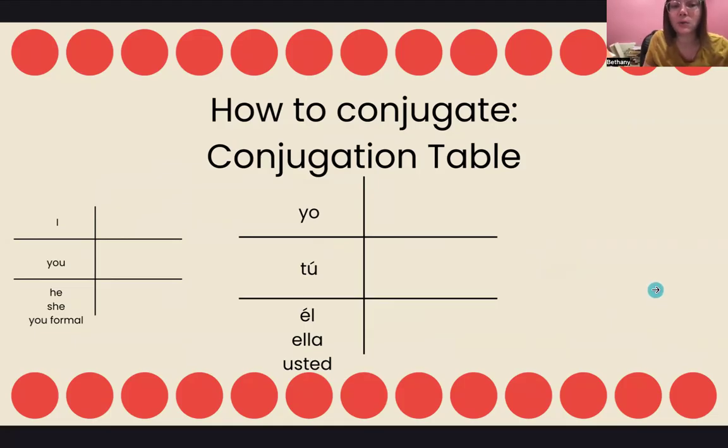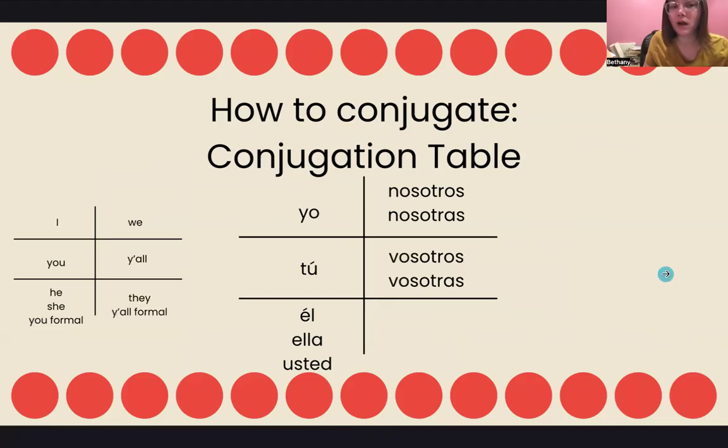Él, ella, usted all have the same ending conjugation, and I'll show you. We, nosotros or nosotras. Y'all in Spain, vosotros, vosotras. They or y'all formal is ellos, ellas, ustedes.